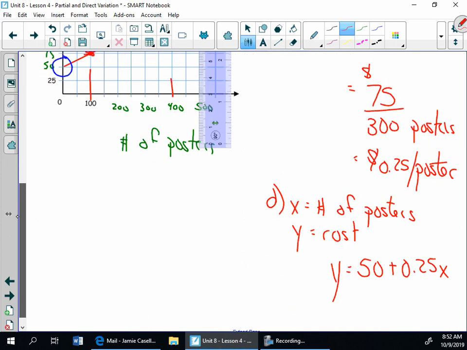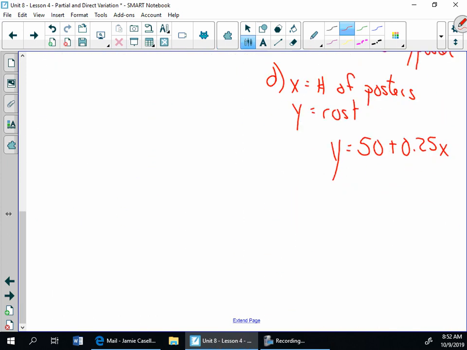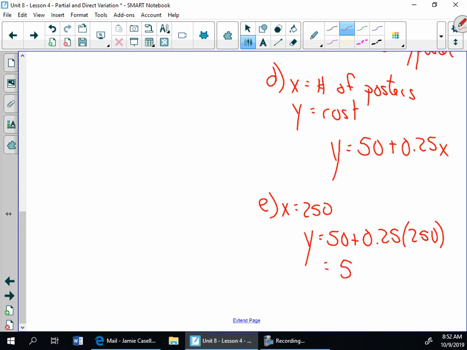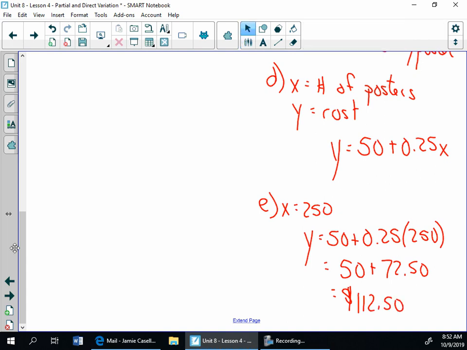Well, X is my number of posters. If X is 250, then I can say Y equals 50 plus 0.25 times 250. We'll do our math. It comes out to $112.50.